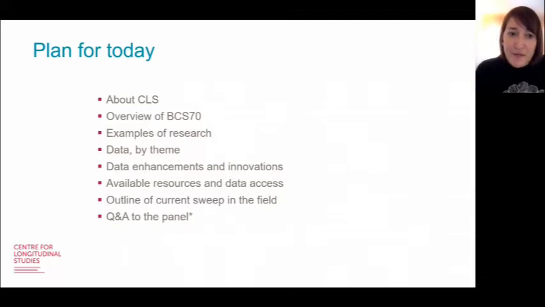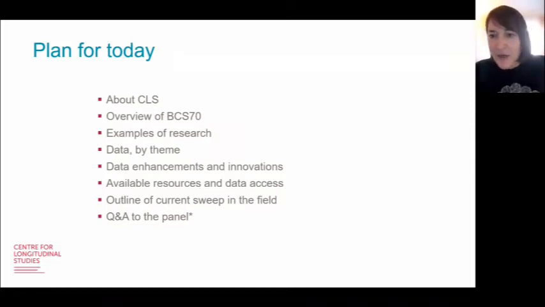We'll identify data and variables by theme, so hopefully picking up on some of the independent and dependent variables of interest to you. A discussion of the data enhancements and innovations will follow that. I'll take over again for some mapping of the available resources that we have for this data set and also how to access the data. And we'll briefly give you an overview of the current sweep, which is in the field, so you know what data is coming up.